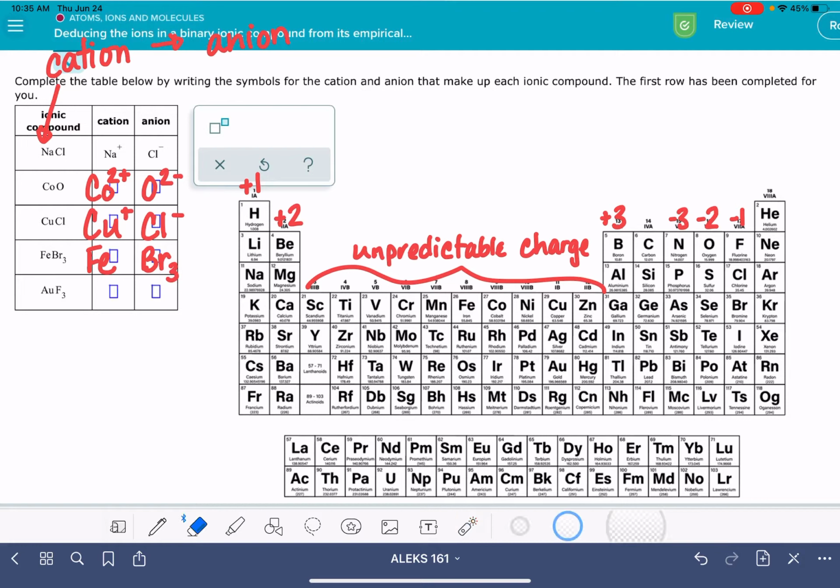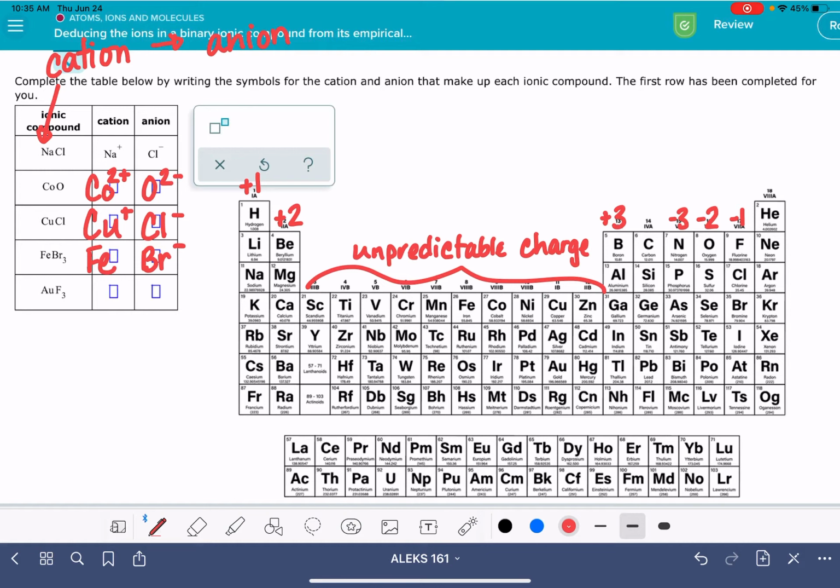It's not the formula of the bromine. That little 3 is just saying that there are 3 bromides. You should not have that over here in this answer. The anion is Br, and the little 3 is telling us that there are 3 bromines. It's not Br3, it is 3 Br. But in this particular problem, the 3 doesn't belong anywhere over here at all. So our bromide is in the -1 column. That means it's a -1.